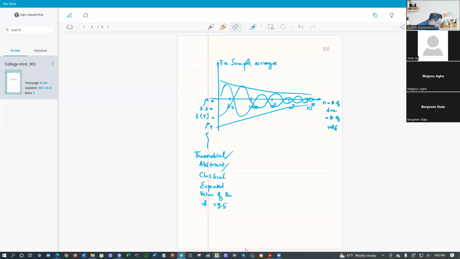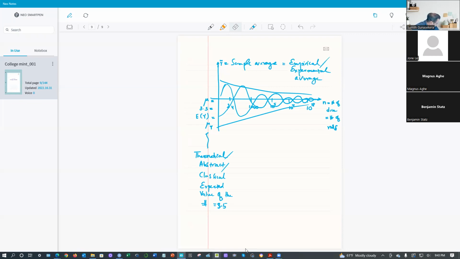This is what they say. They say that when you increase the sample size, when you keep going and increase the sample size, your sample average comes and settles down to the theoretical value. This one we call the empirical, or experimental, average.